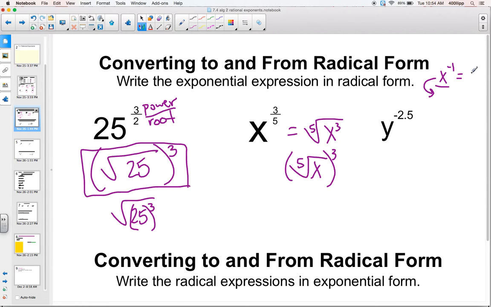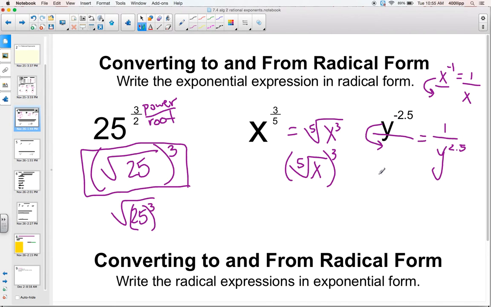So if I bring that down, I'll have 1 over x to the first, or just an x. So in order to get rid of this negative, I need to bring this entire thing that has the negative exponent down to the denominator. So I'll be left with 1 over y to the 2.5. And all that did was it got rid of my negative in the exponent here.